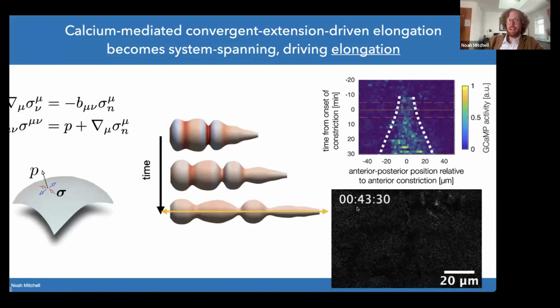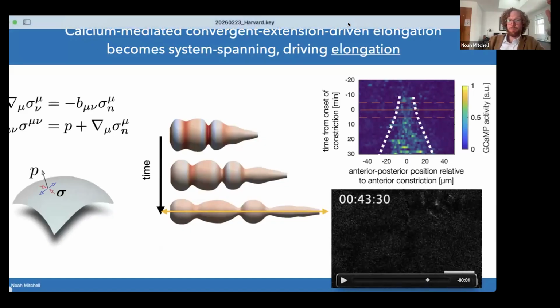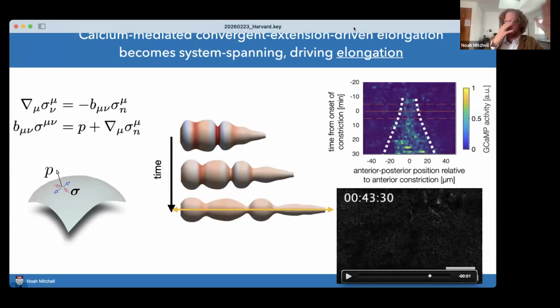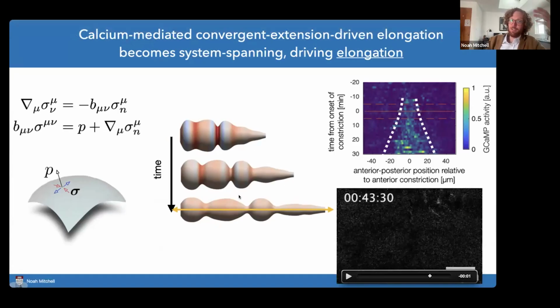And commensurate with that, we've been doing in a separate project, which I won't really get into, some inference of what the stresses are in this organ. And in this calculation, you can find that the circumferential stress in this organ is also getting more and more uniform over time. What does this mean?